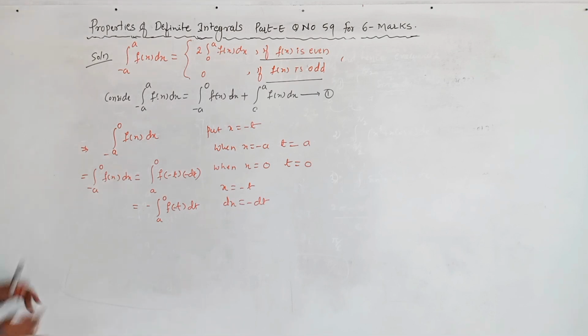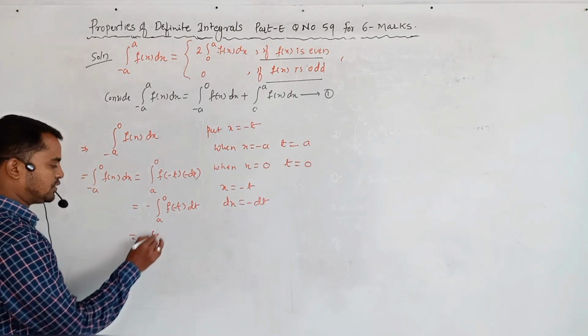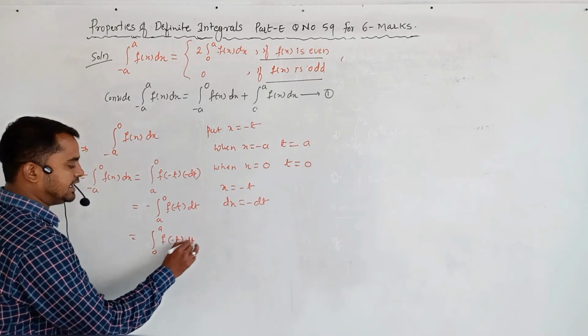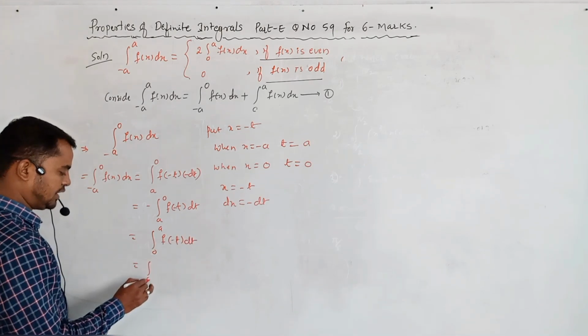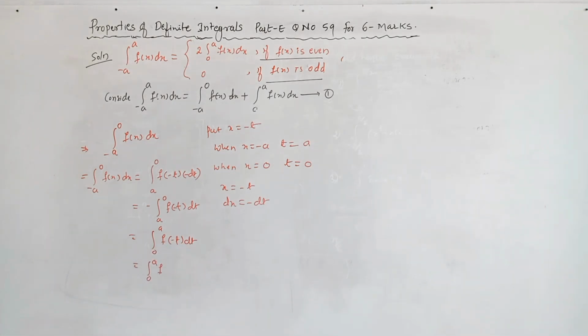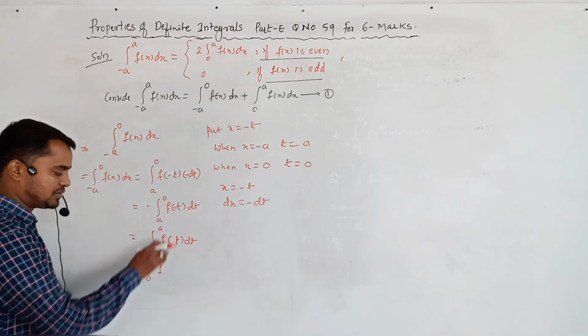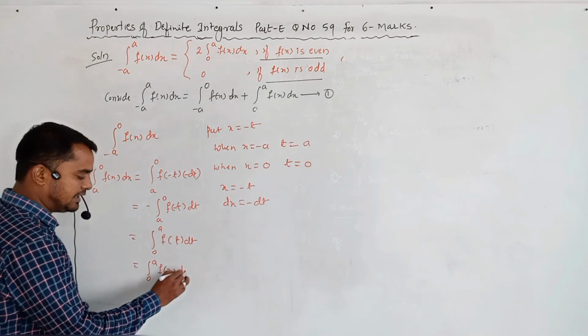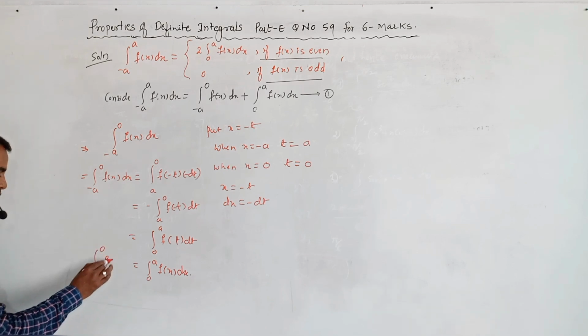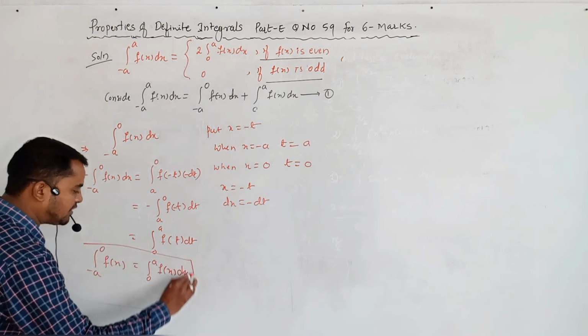Then 0 to a, interchange the limits: 0 to a f of minus t dt. Now 0 to a f of minus t will become plus t, it doesn't matter. Then f of x dx, change of variable. So this is the value.